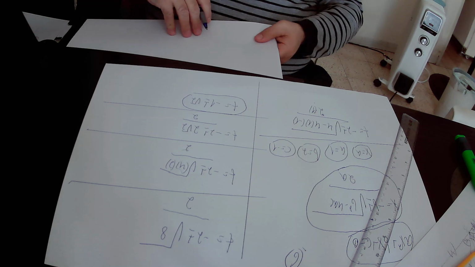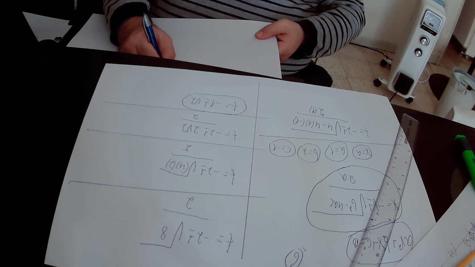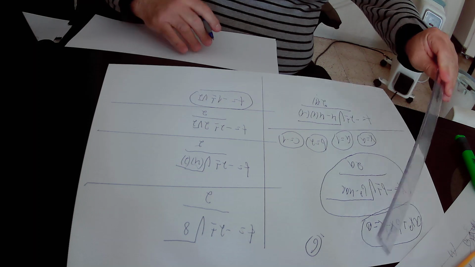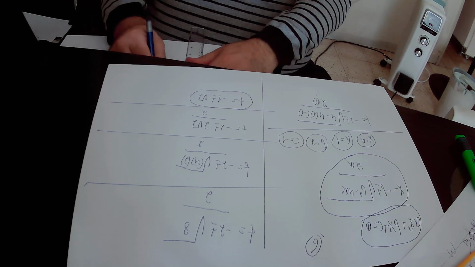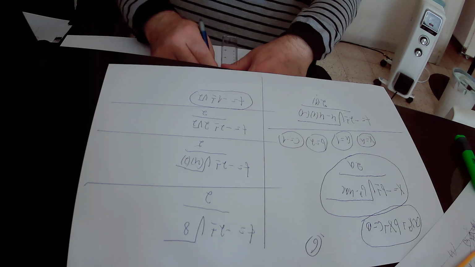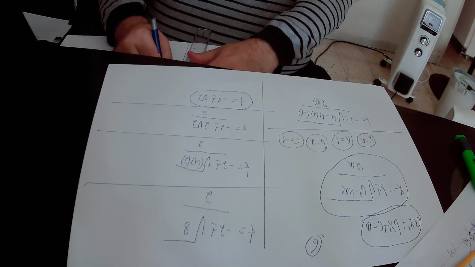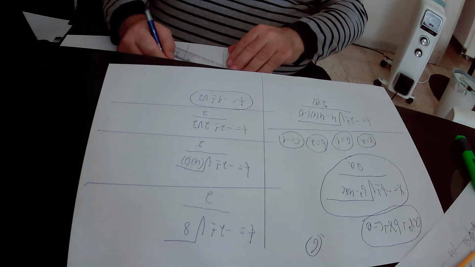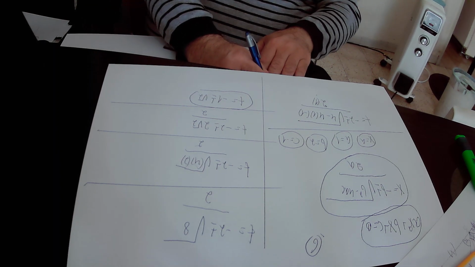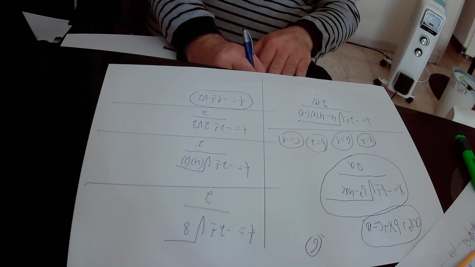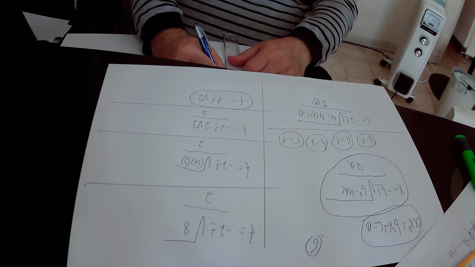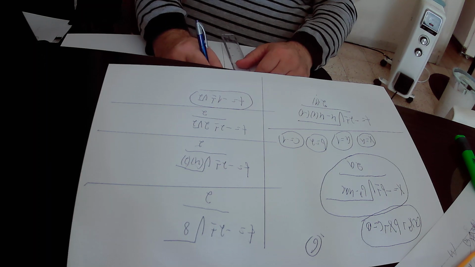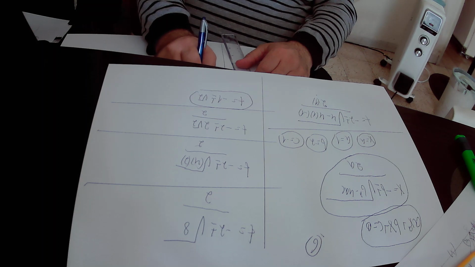So here we will have two solutions that are possible for t. The first solution for t is that t equals minus 1 minus square root of 2, and the second solution for t is that t equals minus 1 plus square root of 2.